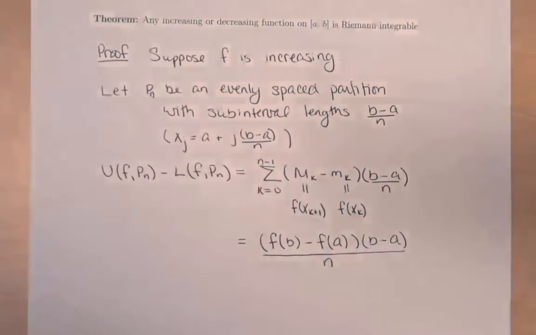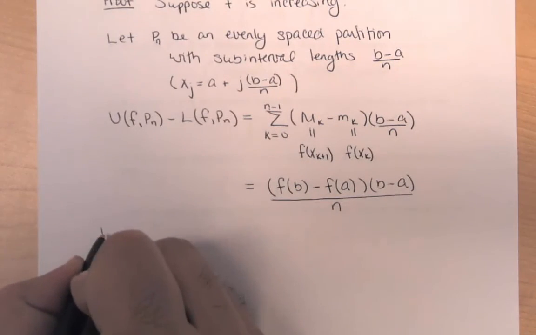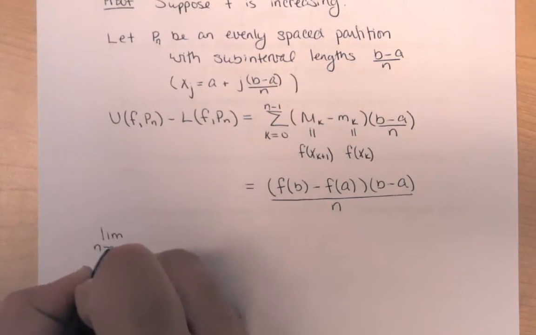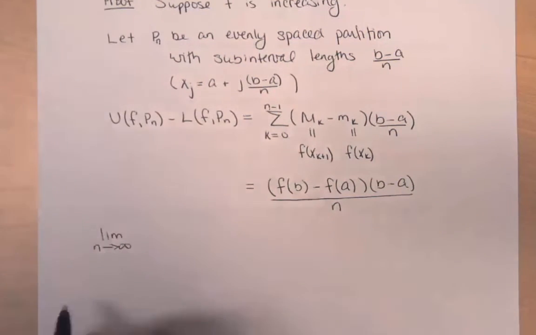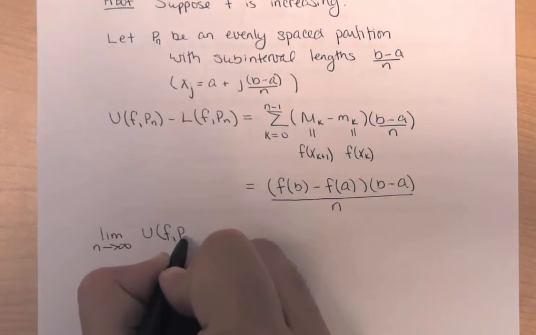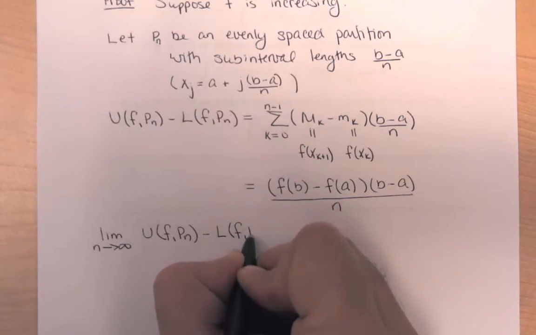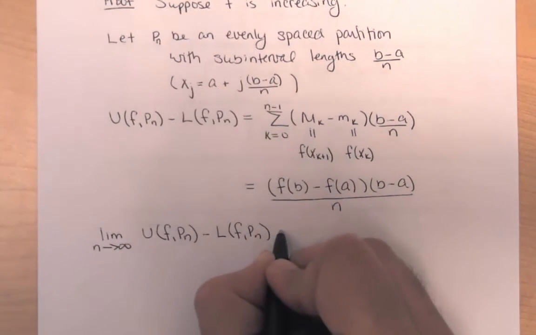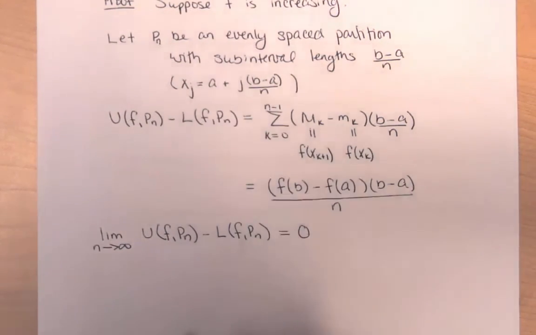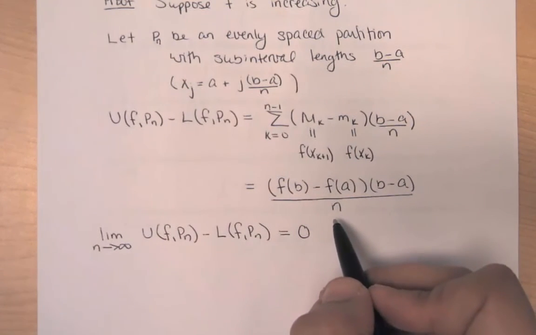So is b and a. But n is arbitrary. n can be as large as I want. In fact, if I take the limit as n goes to infinity of this difference, I get 0 because I have a fixed number divided by n, and n can get arbitrarily large.